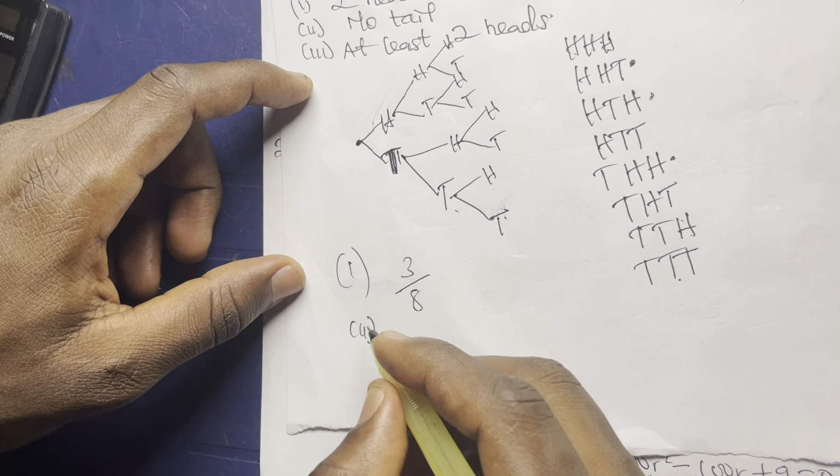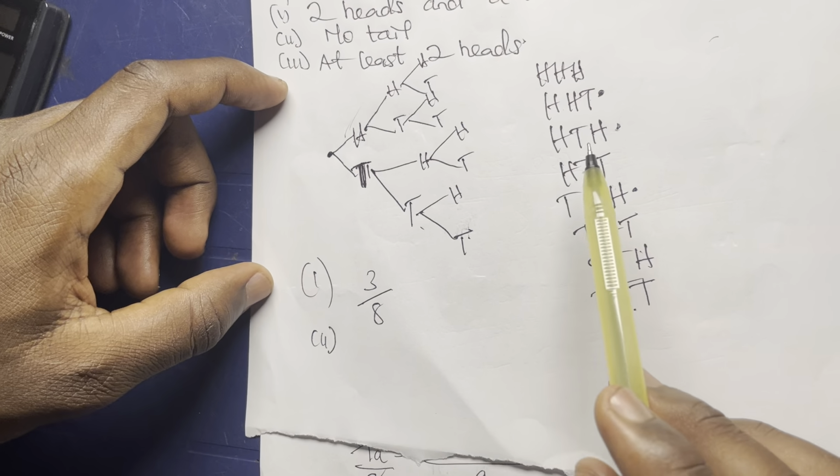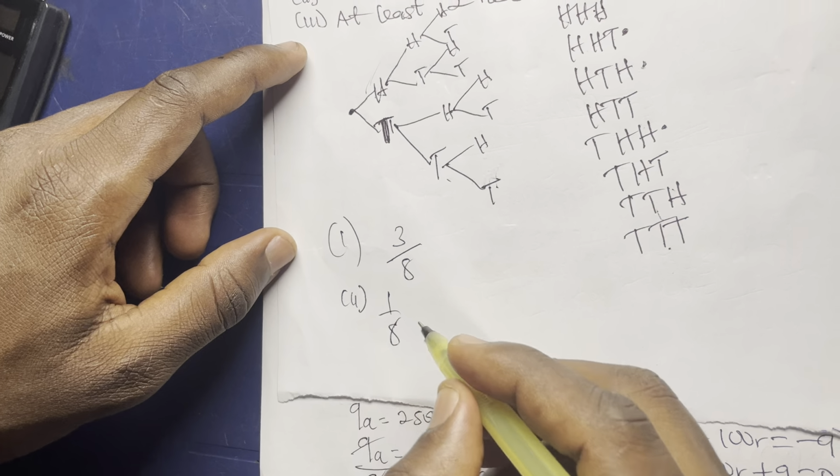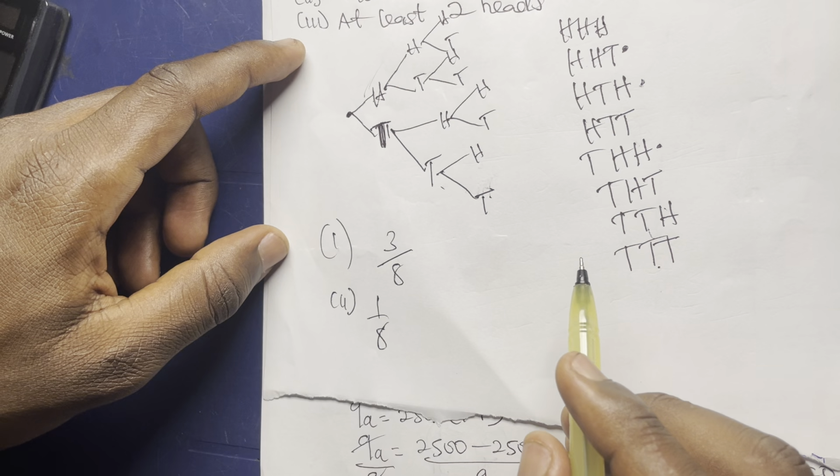Now for the second one: no tail, only heads. That is just 1 outcome, so 1 over 8. Can you see that?